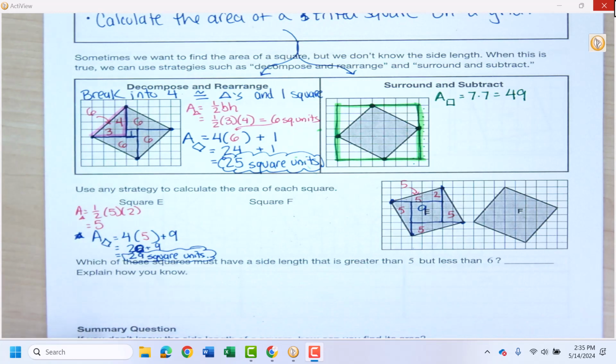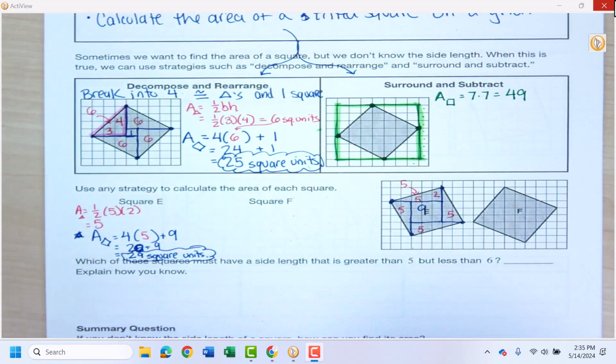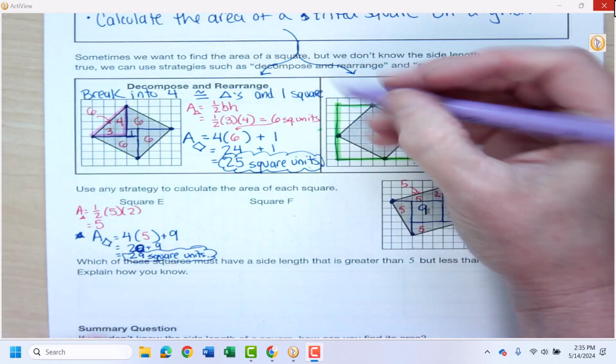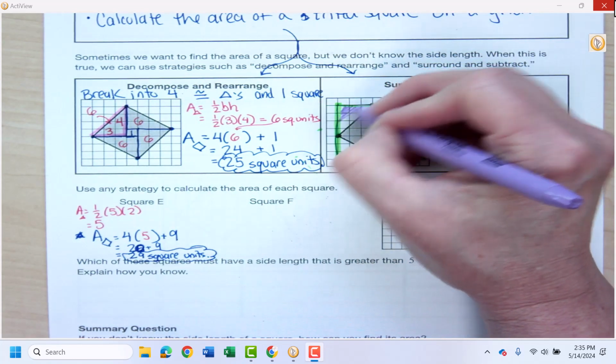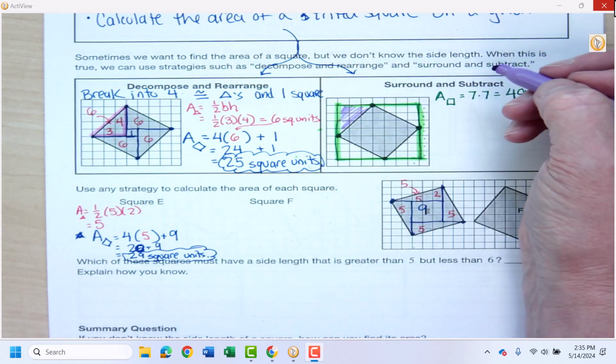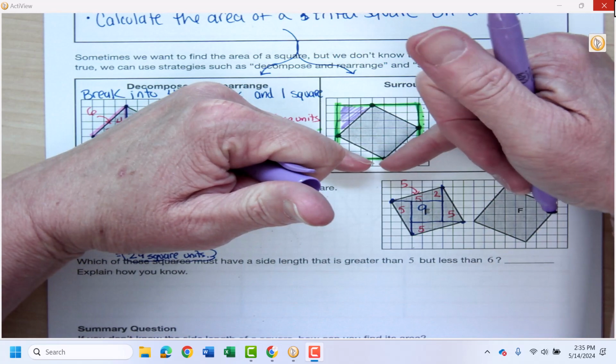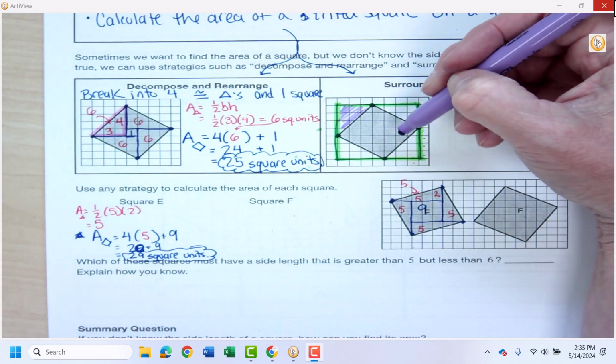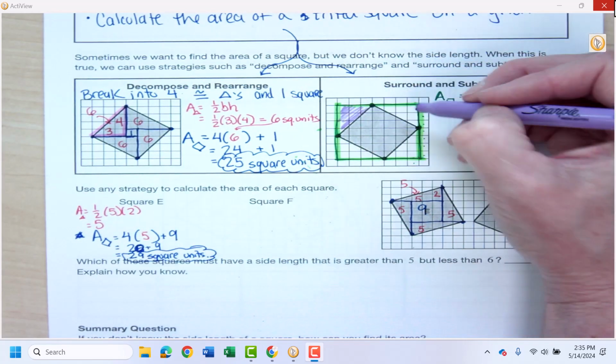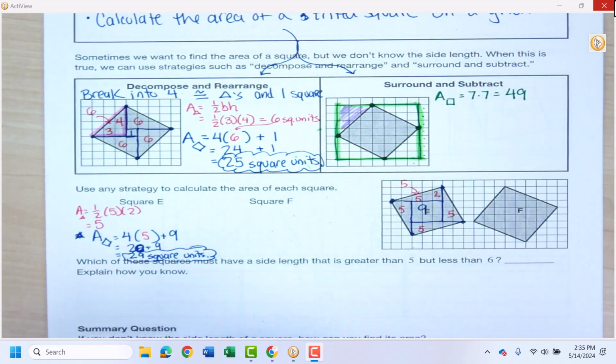Let's see what color I can get here. No, I don't know what color I want. Purple. I'm going to subtract off these triangles. If I cut those away, I'll be left with that shaded square. And the good news is that all of these purple triangles are congruent again.